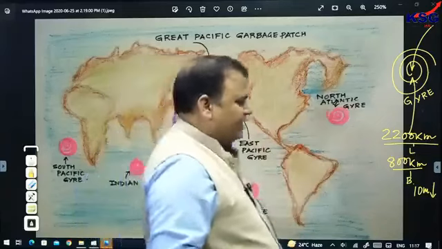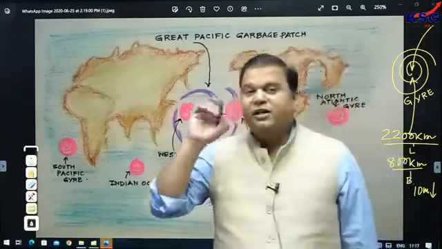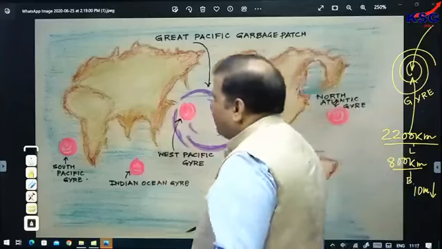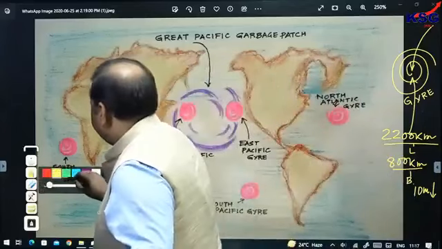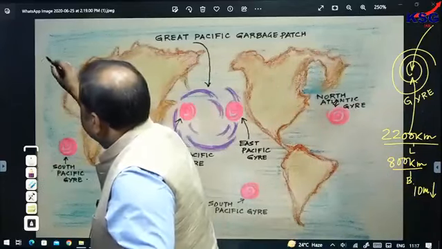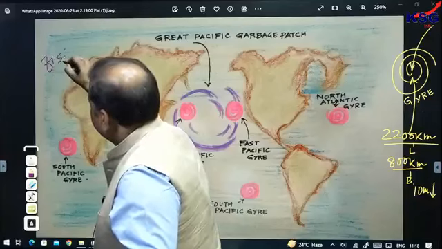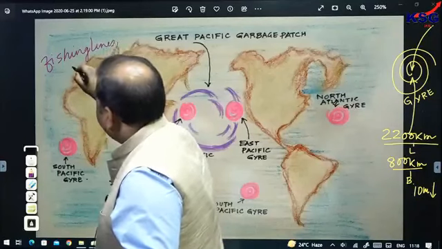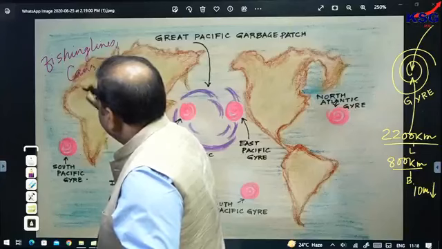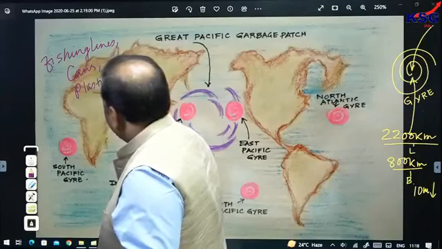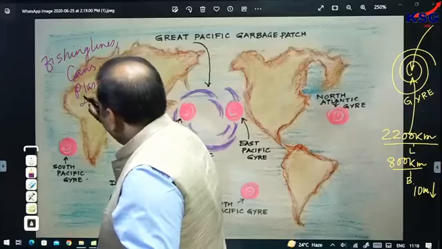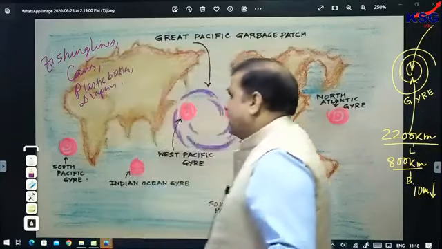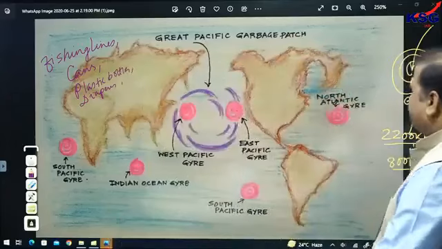It consists of fishing lines, cans, plastic bottles, diapers, etc.